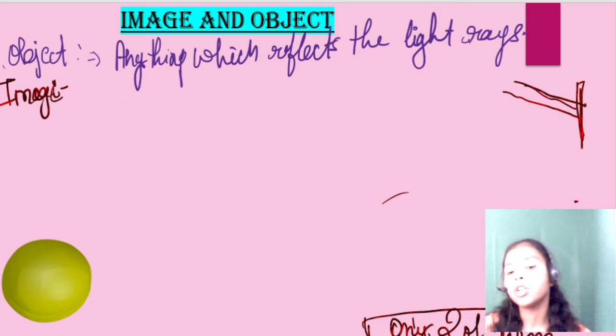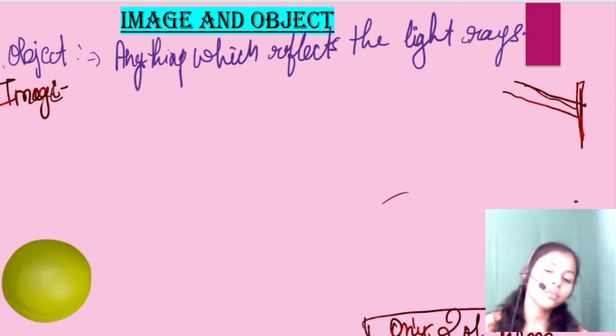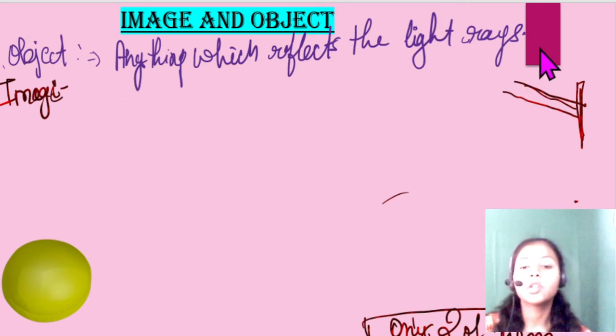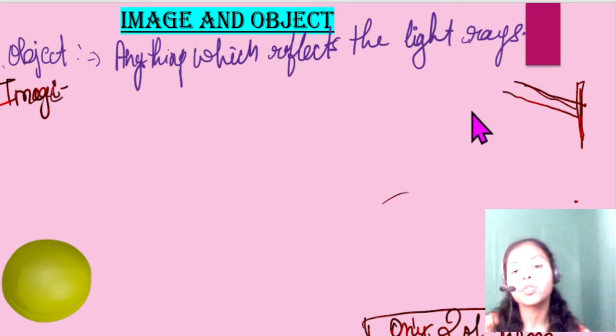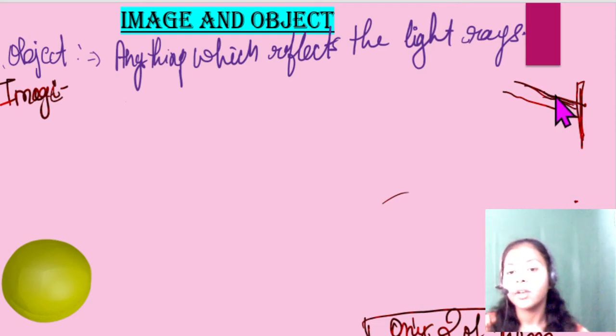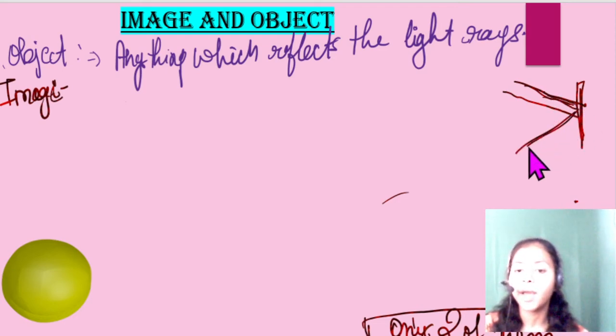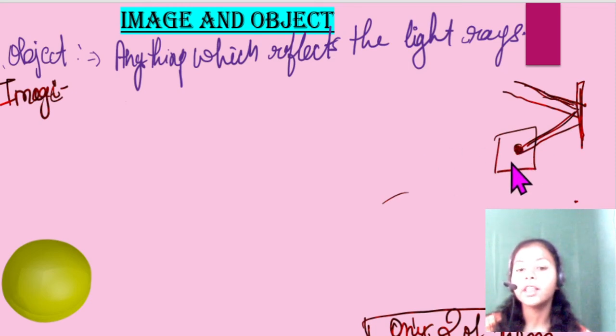So here, the two light rays which come from a source of light fall on the surface and are reflected back. The point where these light rays meet is called the image, or we can say the image is being formed there.